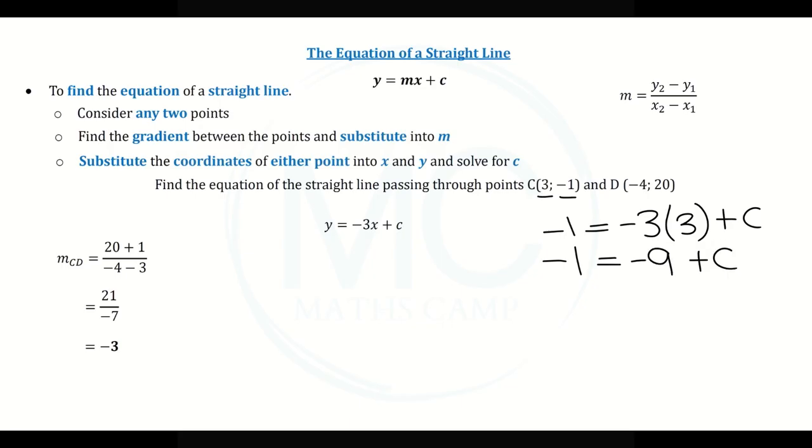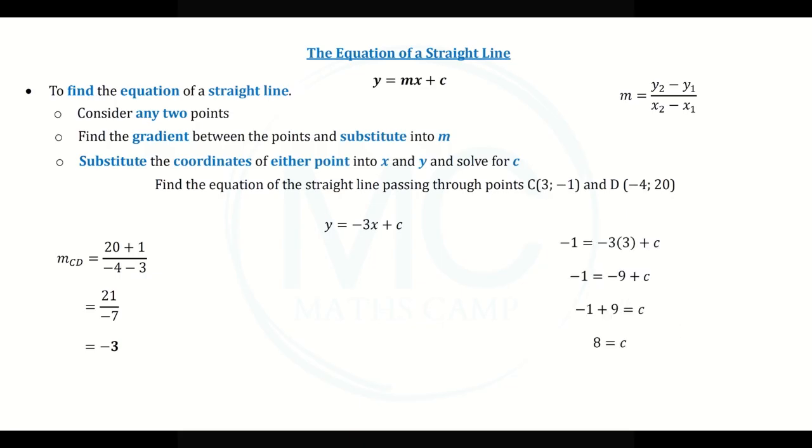Now let's move our negative 9 across, and we get negative 1 plus 9 is equal to c. Negative 1 plus 9 gives us 8, which is equal to c. Now we have an m value of negative 3 and a c value of 8. So our equation is y is equal to negative 3x plus 8.